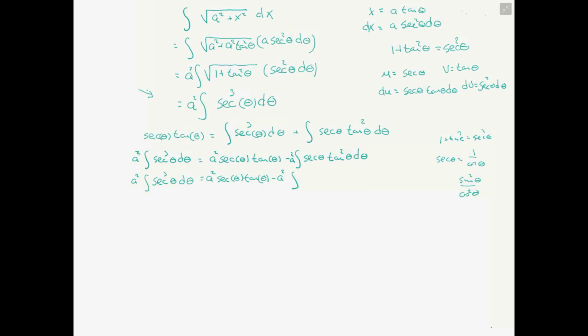Now we have sine squared, which is now we got cos squared theta plus sine squared theta equals 1. So we got 1 minus cosine squared theta over cosine to the third theta d theta.